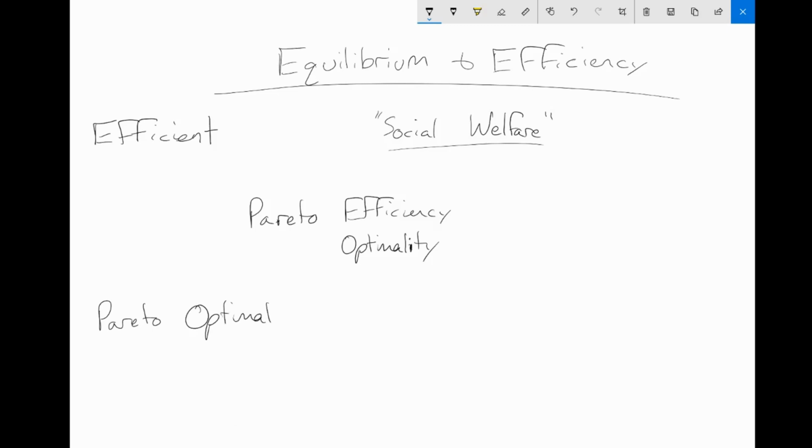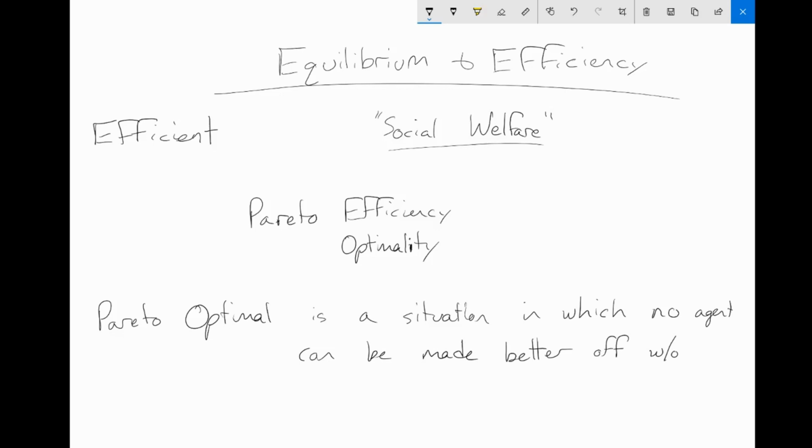A Pareto optimal is a situation in which no agent can be made better off without making another agent worse off.